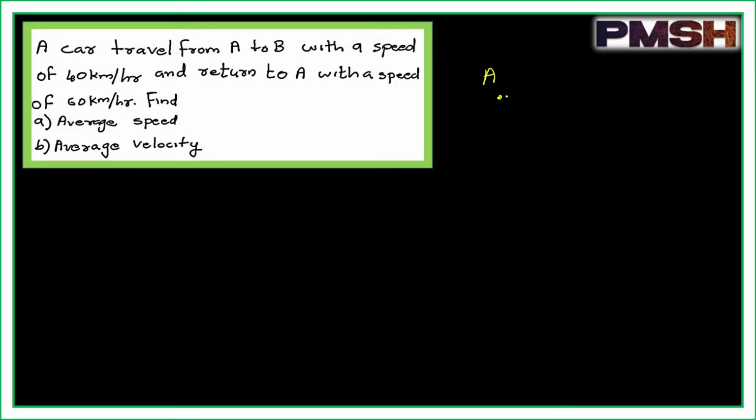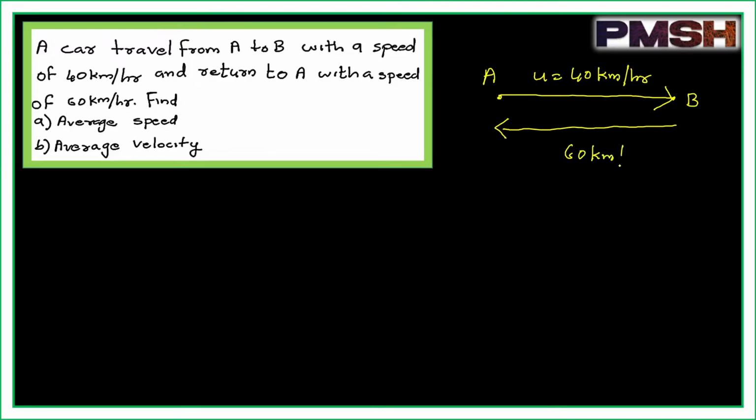So here is A. The body travels from A to B at a speed of 40 kilometer per hour, and it comes back to A with a speed of 60 kilometer per hour. Clear? You have to find two things: one is the average speed and the second is the average velocity.